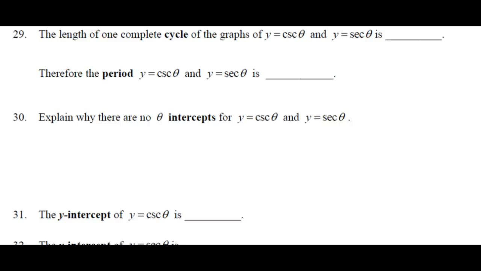We could do that in 2 pi, right? You've got a set of up, and you've got to set it down, and this is 2 pi. That's a complete cycle. A complete cycle goes through all possible values. Therefore, the period is 2 pi.